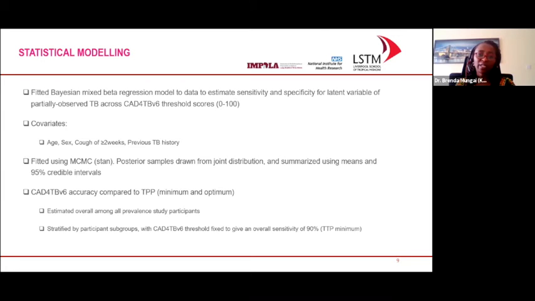Now, the reason we did modeling is, remember, not everyone got sputum taken. So if you did not fit in the categories given, then we did not have sputum for you. And yet we know there's a possibility of a few of those having actually still TB, even though not picked through the system.